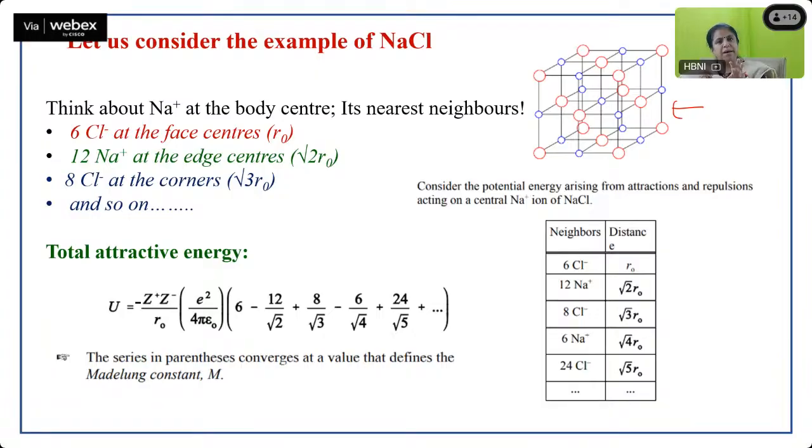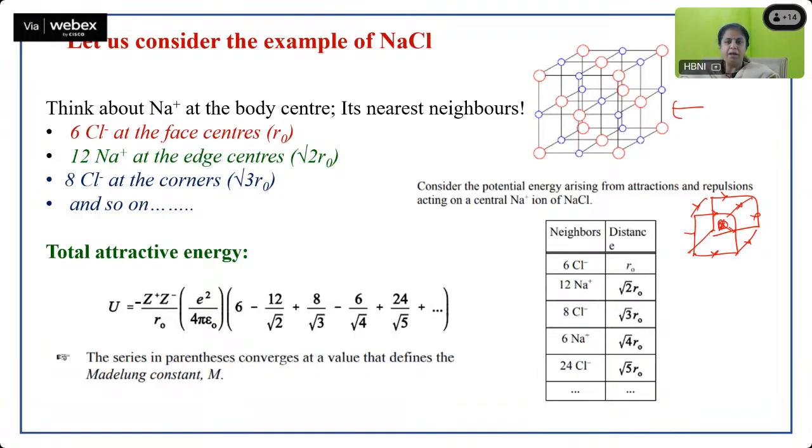And sodium ion is present in the octahedral holes. As we studied yesterday, in a cube, where are the octahedral holes present? I wish you do all these things side by side. The octahedral holes are on the edge centers and body center. So these are the places of sodium.